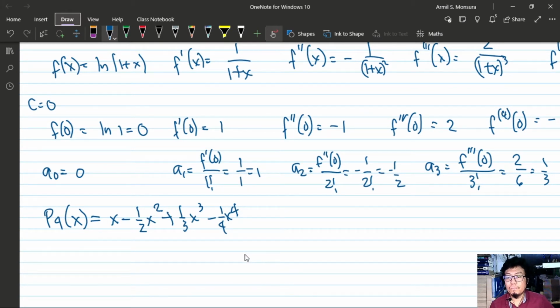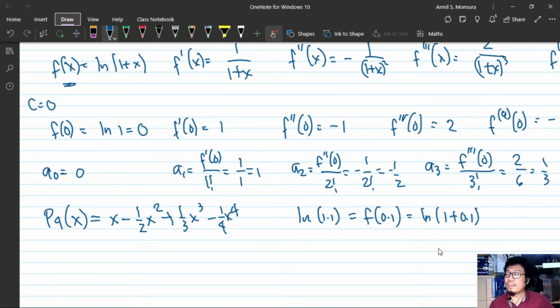Now, if we want to evaluate the logarithm of 1.1 using our function here, it should mean that ln of 1.1 is f of 0.1, because we have a 1 already in our function. So x here becomes simply 0.1. So we have ln of 1 plus 0.1.